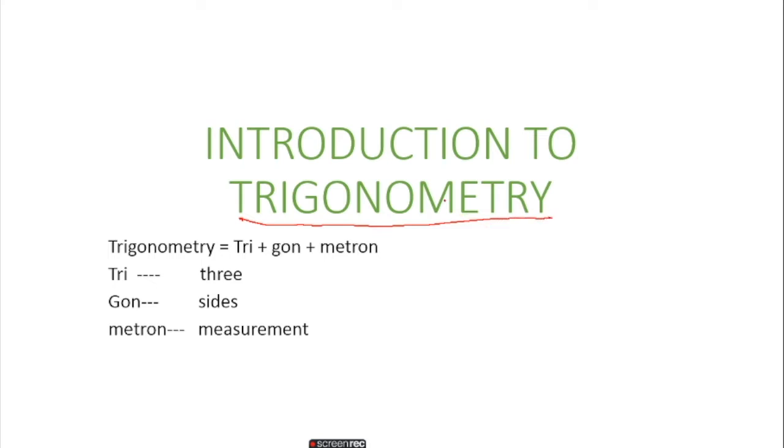Trigonometry. It is an entirely new topic for you. This word trigonometry is the combination of three Greek words: tri, gon, and metron. Tri means three, gon means sides, metron means measurement.